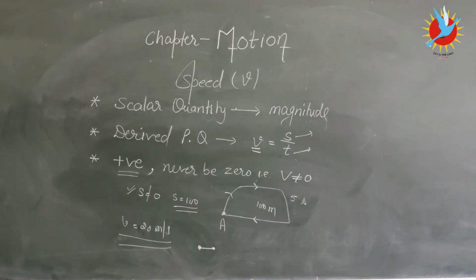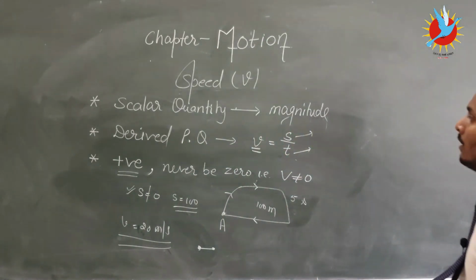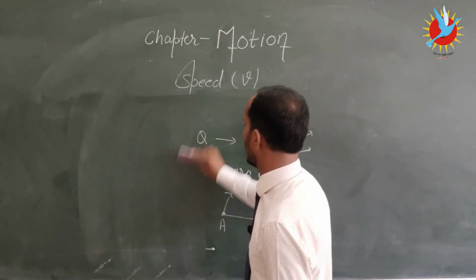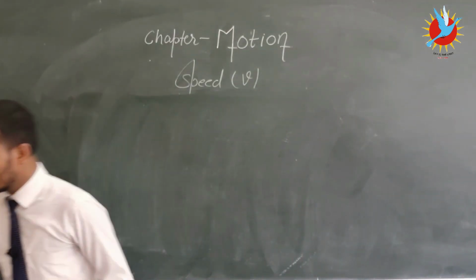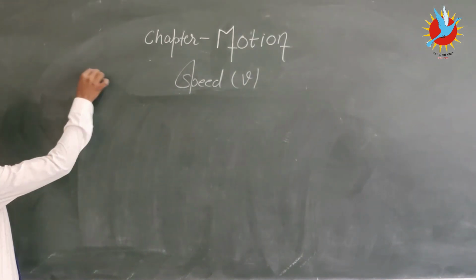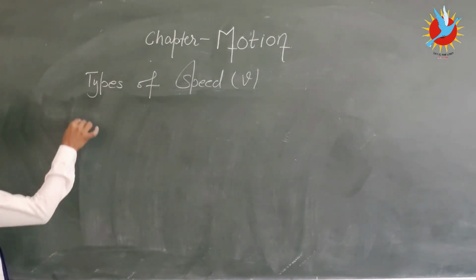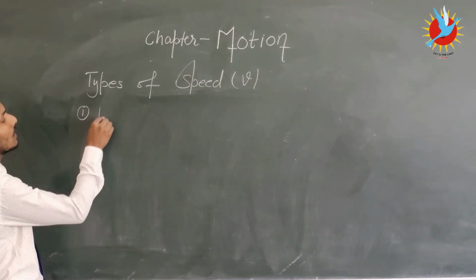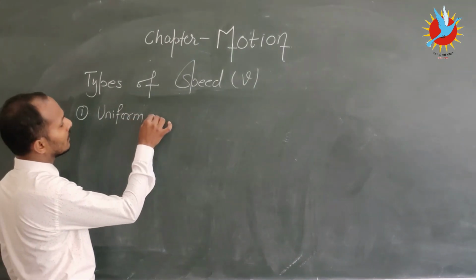Now we discuss types of speed. First of all, one type is uniform speed.